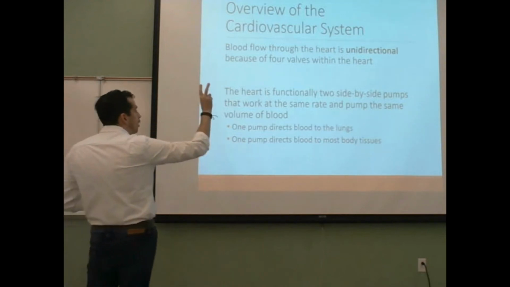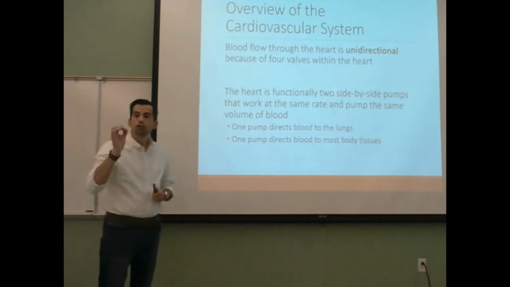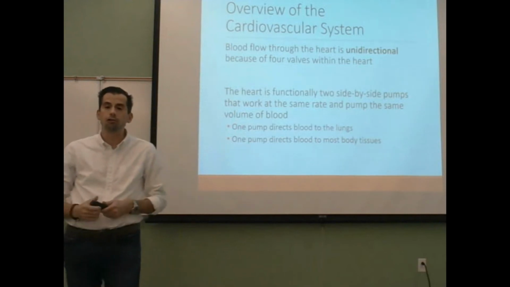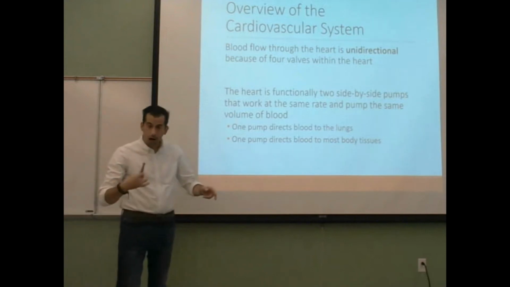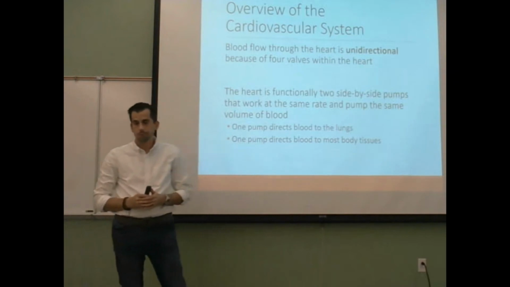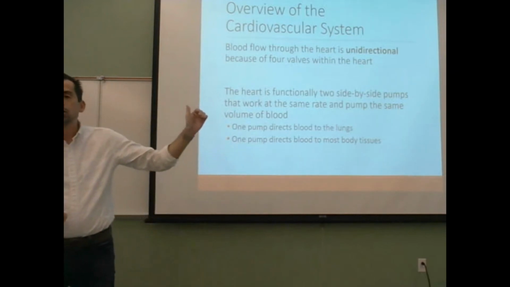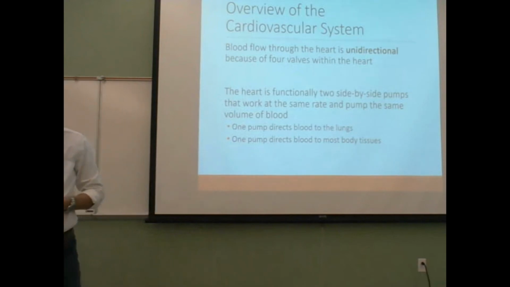Because it can be looked at as a two-sided pump, we really have two different portions of our circulation. We will see one pump, the right side of the heart, pumps blood to the lungs. That blood passes from the lungs and back to the heart on the left side.